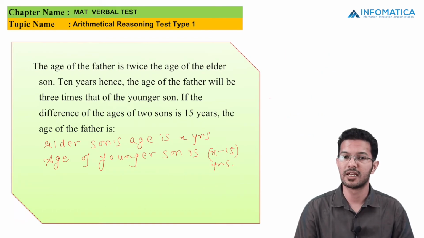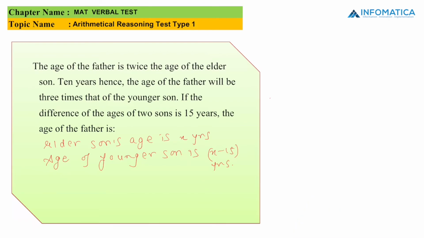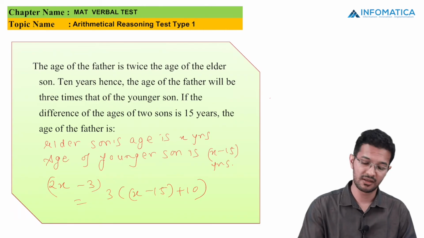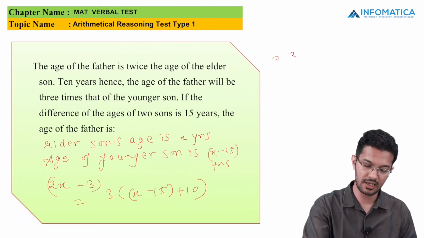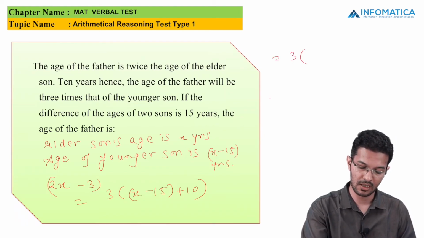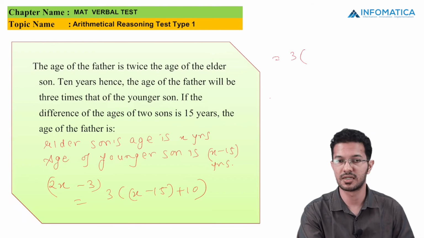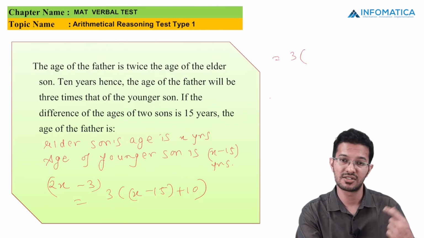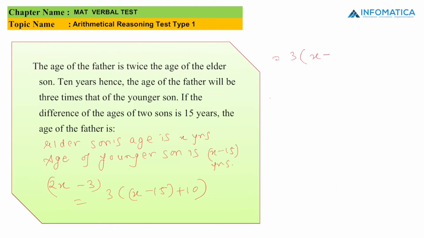So as per the equation, let me see what I get. So on simplifying the bracket, we get 3 in the bracket x minus 15 plus 10. So I will get x minus 5 in the bracket.